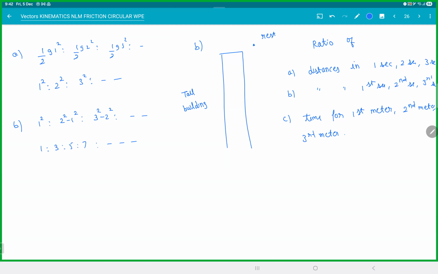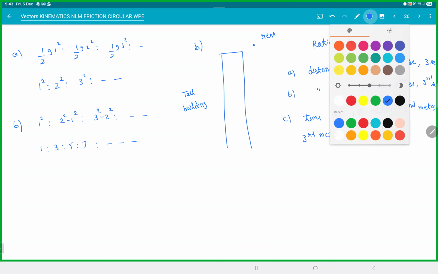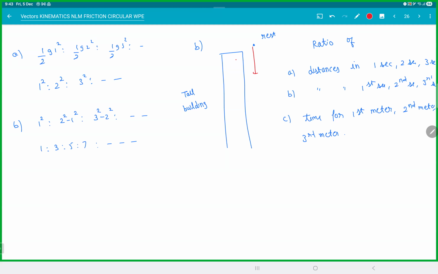The third one: distance for the first meter, second meter. Now see, when it is falling a height h, the time taken will be root over 2h by g. So for the first meter, the time taken will be root over 2 times 1 by g. Now he's not asking for 2 meters. We are asking for the second meter, meaning you want the time for 2 meters subtracted by the time for the first meter. Then the time for 3 meters minus the time for 2 meters.